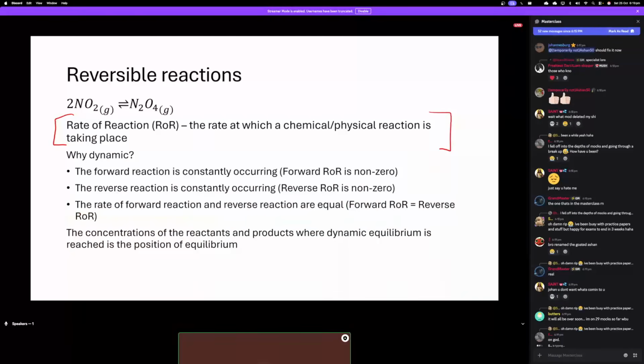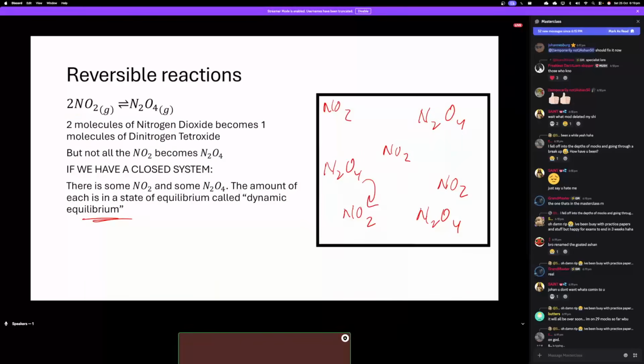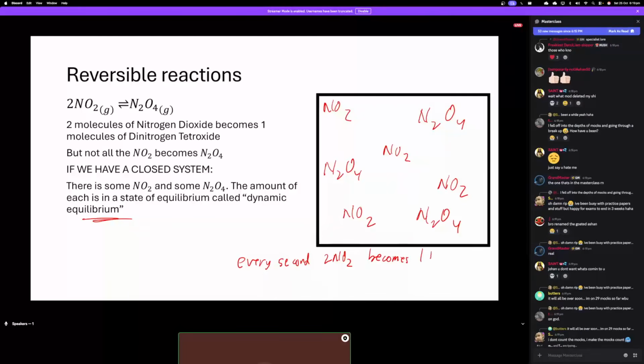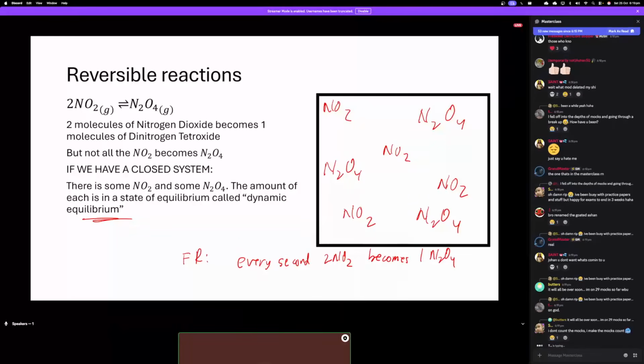So think about it this way. Let's say every second, 2 NO2 becomes 1 N2O4. This is the forward reaction, right? But the reverse reaction is also happening.